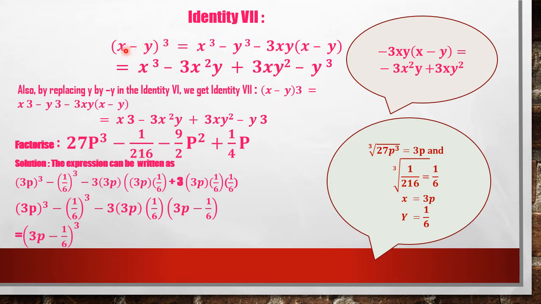And this (x minus y) whole cube can also be expressed in the second form as over here. Here we have done nothing, but we have just distributed minus 3xy over x and y. How? You see, minus 3xy into x is minus 3x squared y. And minus 3xy into minus y, minus into minus will be plus. And therefore, you can see there is one positive symbol.